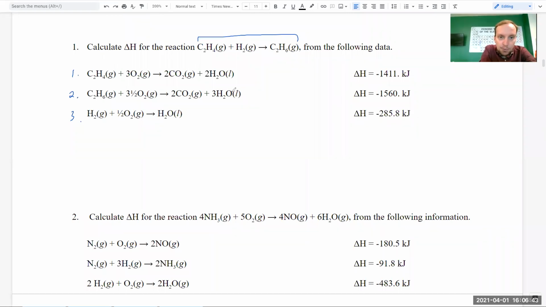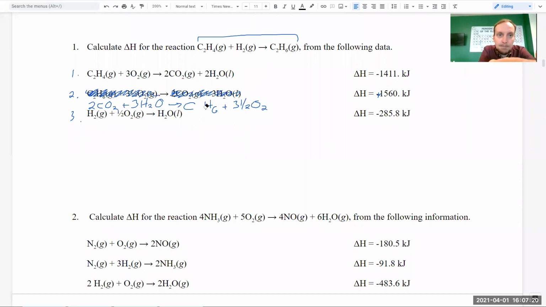So I'm going to write the products as the reactants, 2CO2 plus 3H2O yields the original reactants, C2H6 plus 3.5 oxygens. Again, this is now gone. And of course, it was a negative 1560. Now that becomes a positive 1560. So now I have my C2H6 on the right, my C2H6 on the right. Those are going to match.